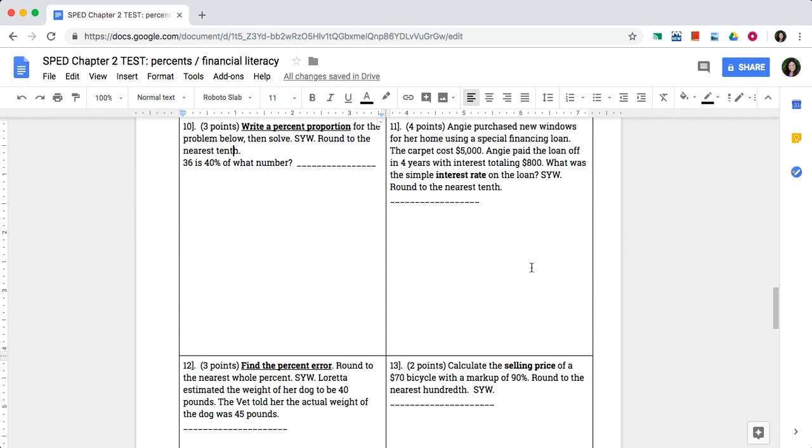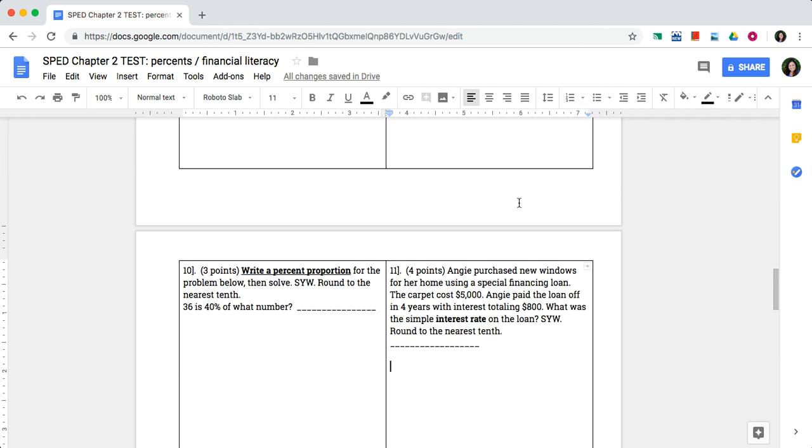All right, number 11. Angie purchased new windows for her home using a special financing loan. The windows cost $5,000. Angie paid the loan off in 4 years with interest totaling $800. So I will have to say this is important. Interest totaling $800. What was the simple interest rate of the loan?